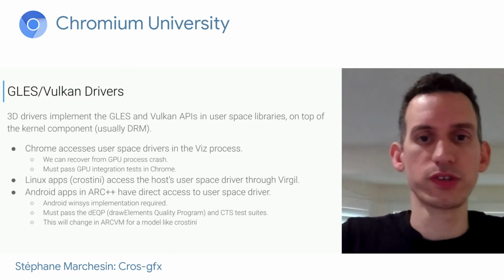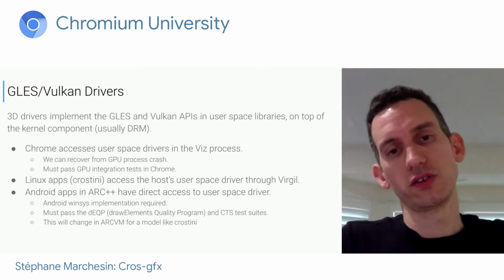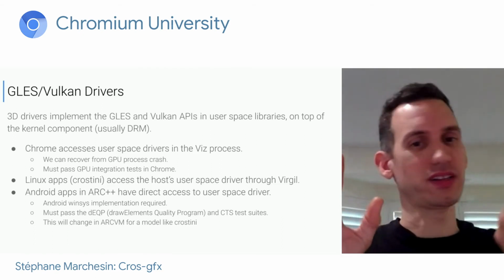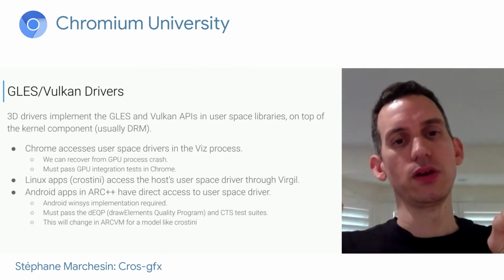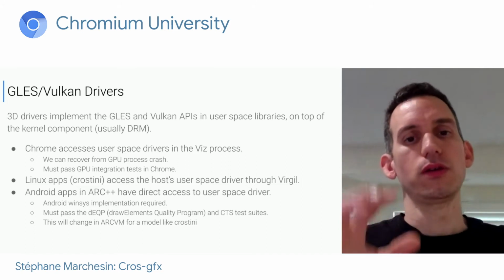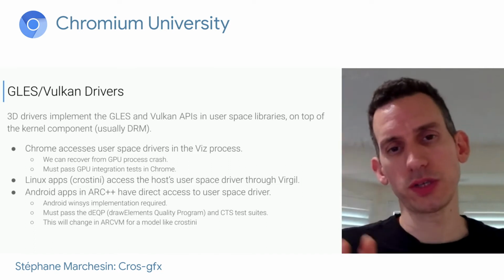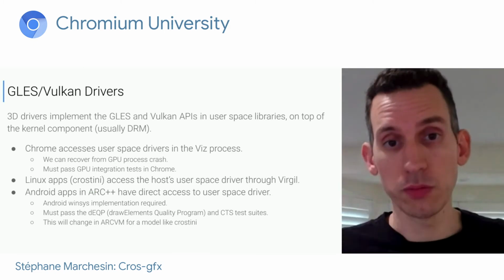And then when we have a result, we send it back to the guest, right? So in the Chrome model, we have two processes that talk to each other, one a client to the other. With the virtual machine model, we have a host-guest discussion, but the conceptual idea is very much the same.